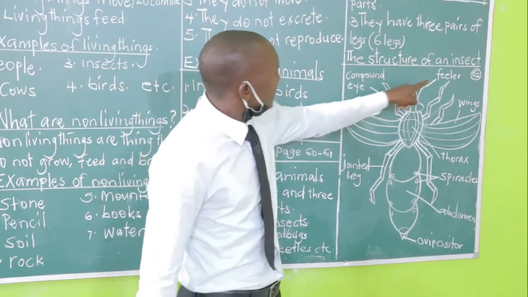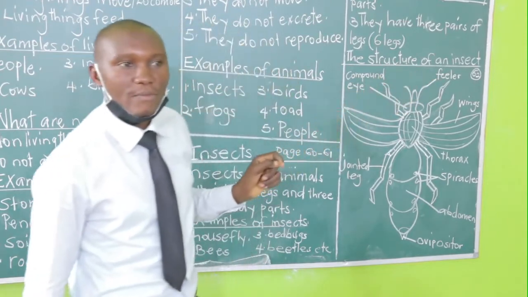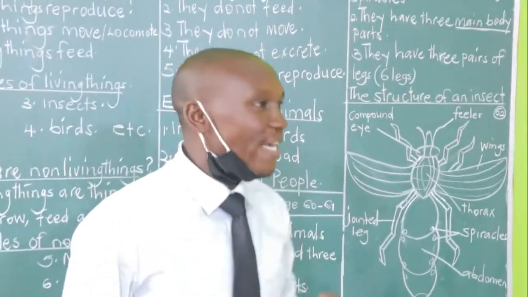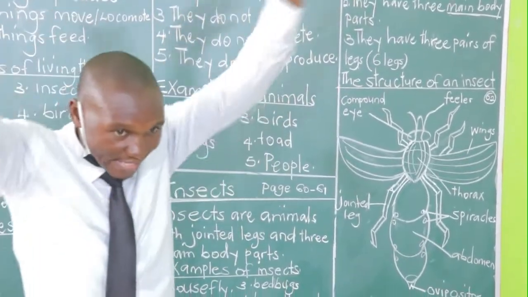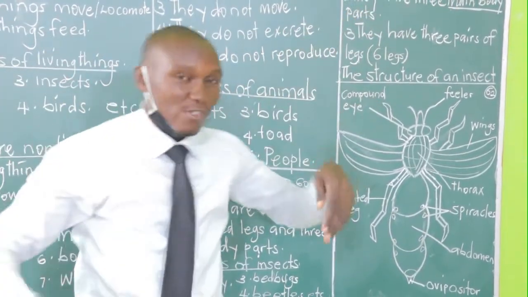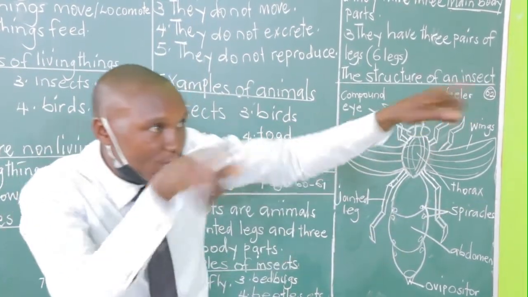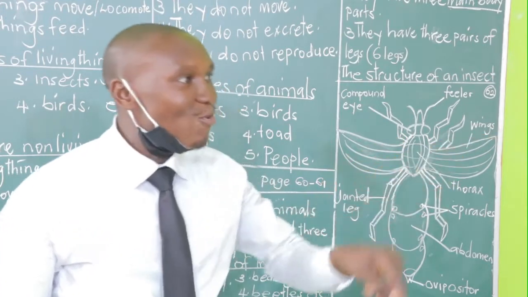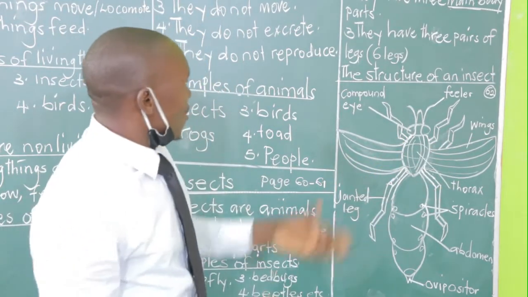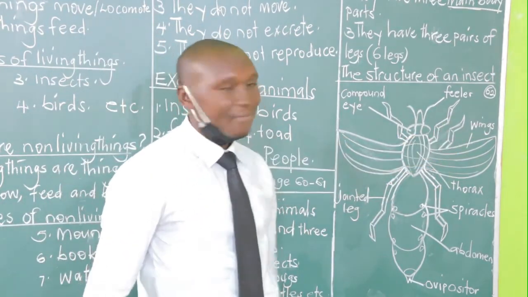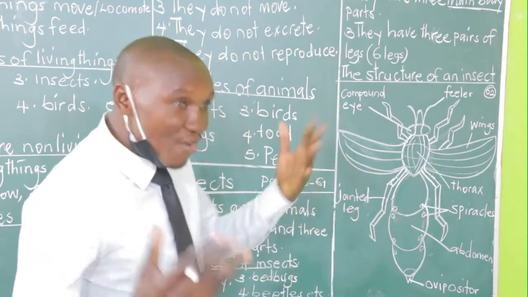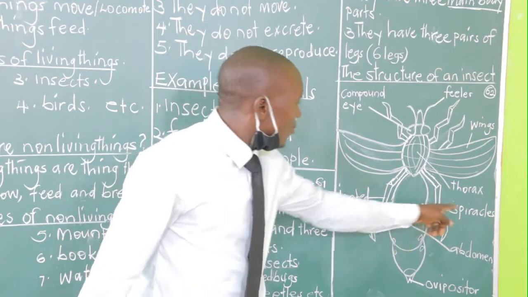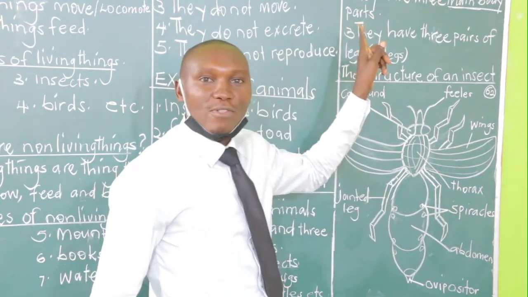Two, we have the feelers. Those ones you have seen on cockroaches. Cockroaches have long ones. You can even see them before you see the cockroach. You see something moving, and if you know a cockroach very well, you sense that a cockroach is coming. Then insects have wings, which you know and you are seeing. Insects have spiracles, which we talked about, used for breathing.